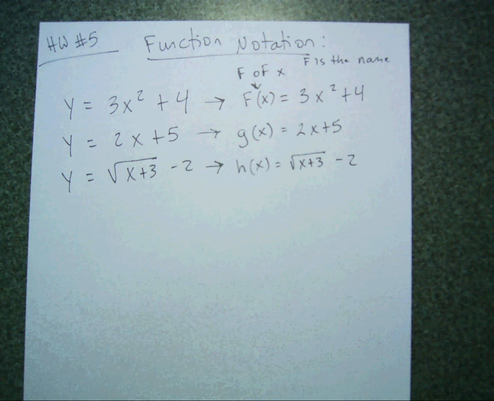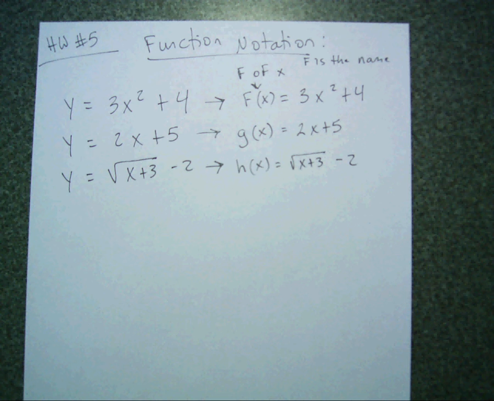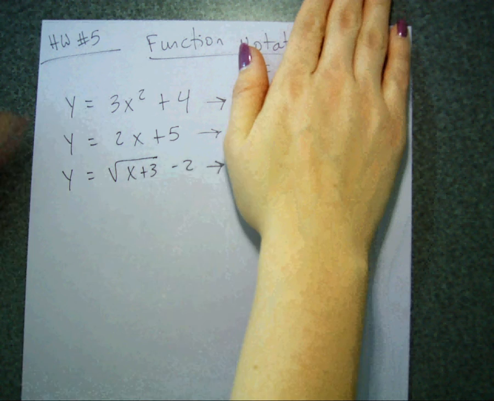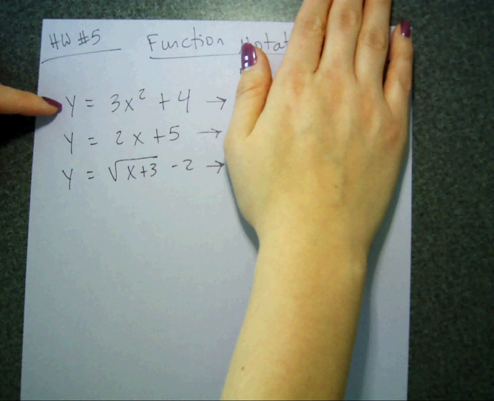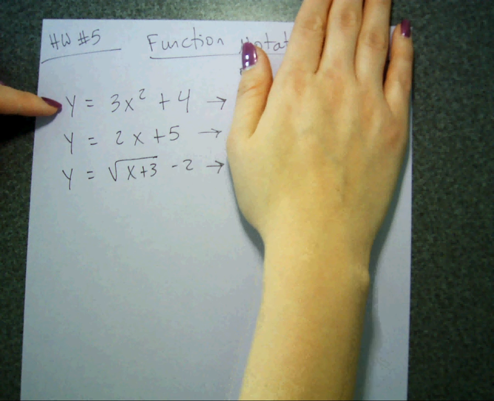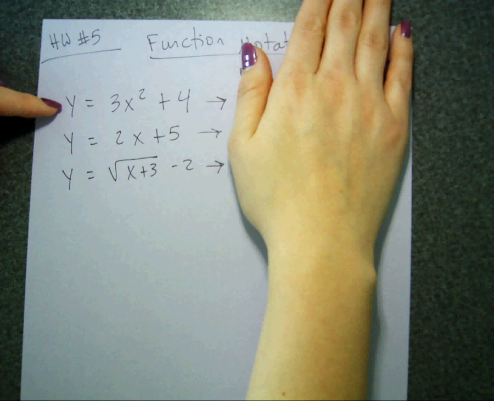The second perk is if I'm asking you to evaluate these functions at a certain value of x. Before we named them, if I wanted you to figure out what y was equal to on this first function when x was negative 2, I would have to tell you either determine the y value when x is negative 2 or plug in x equals negative 2 or something like that, right?